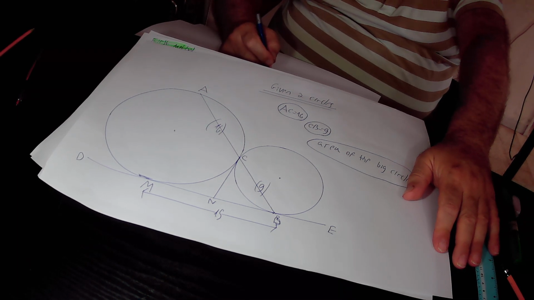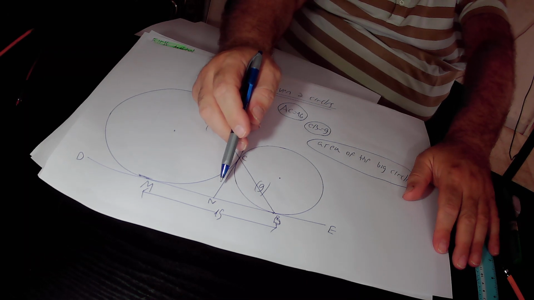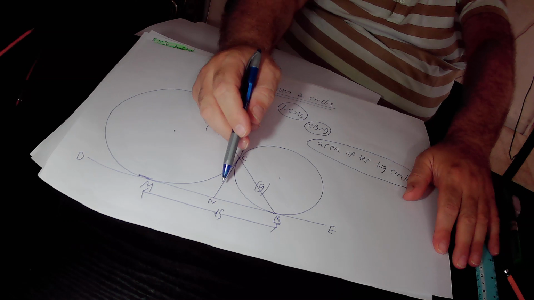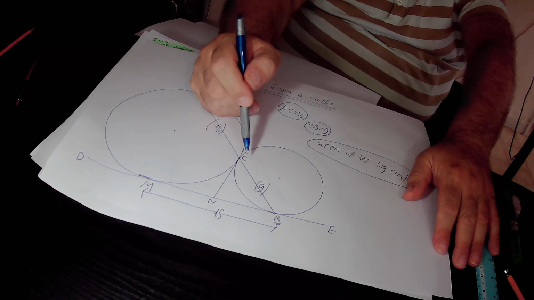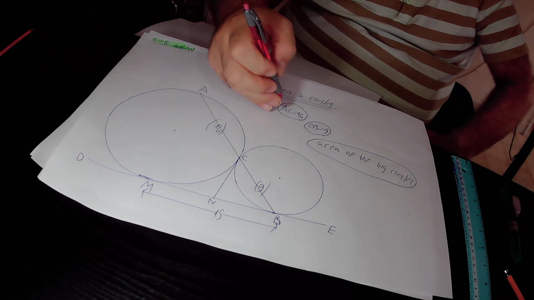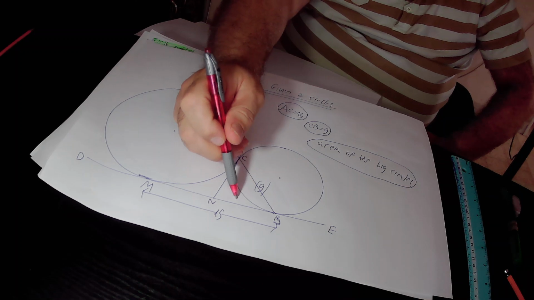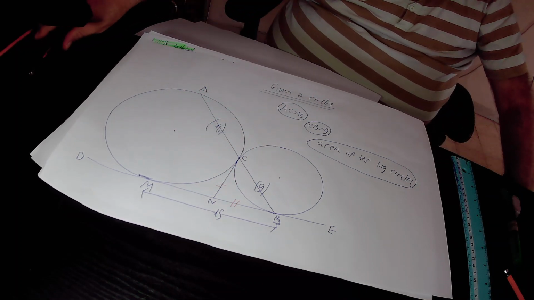In the next step, we'll focus on this common external point N. From this common external point N, we have two tangents to this circle, tangent NB and tangent NC, and according to Rule 2, they are equal to each other. That is to say, NB equals NC. So let me repeat quickly Rule 2.